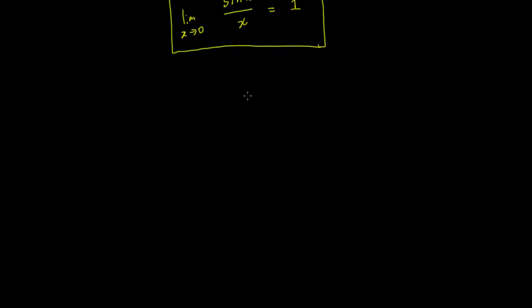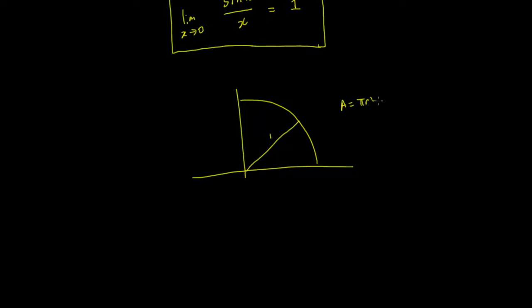So let's imagine that we had part of a circle, and let's say the circle has radius 1. So if that circle's radius is 1, then the area is pi r squared.